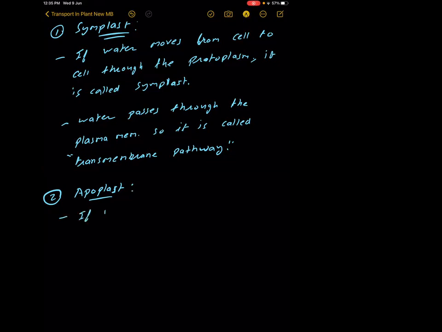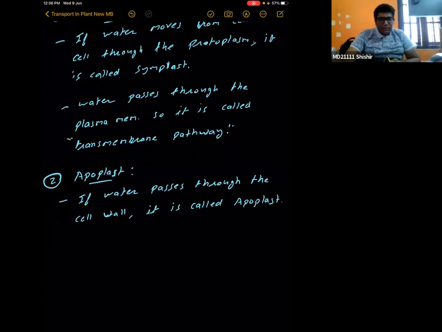If water passes through the cell wall, and the cell wall is the non-living material of the cell, it is called apoplast. There is no other name for apoplast.